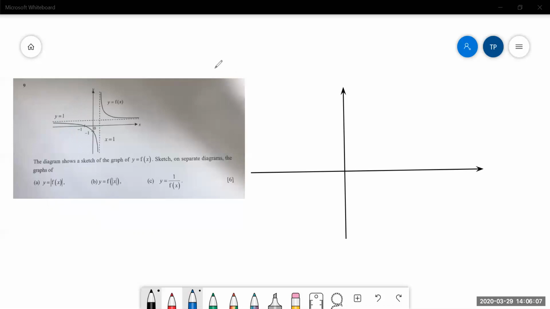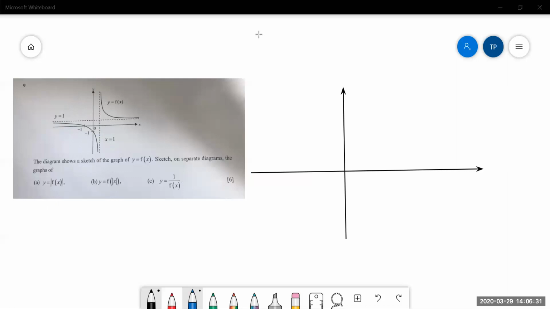Okay. So for the asymptotes, the vertical asymptote will become an x-intercept, right? It is mentioned in the cheat sheet. Vertical asymptote becomes an x-intercept. So we know that we have an x-intercept at x equals 1.